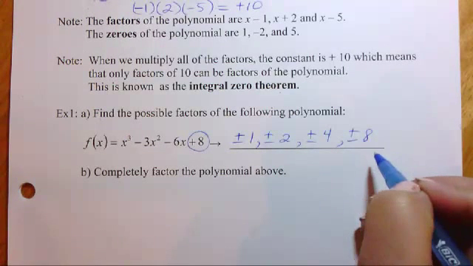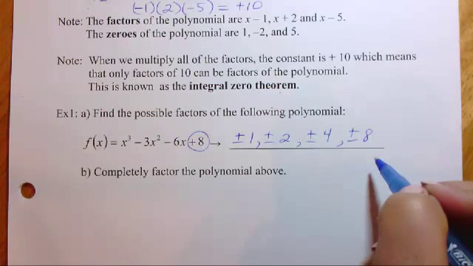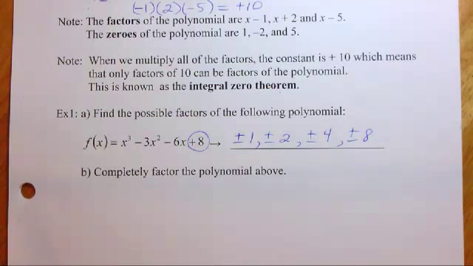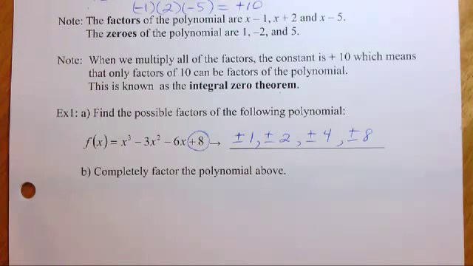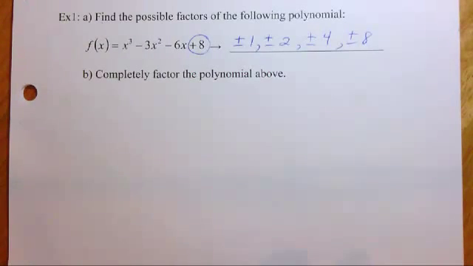Those are the only values that we could possibly take and figure out whether or not they are factors. No other numbers are going to work at all. That's going to help us with our strategy when we're asked to completely factor any given polynomial.